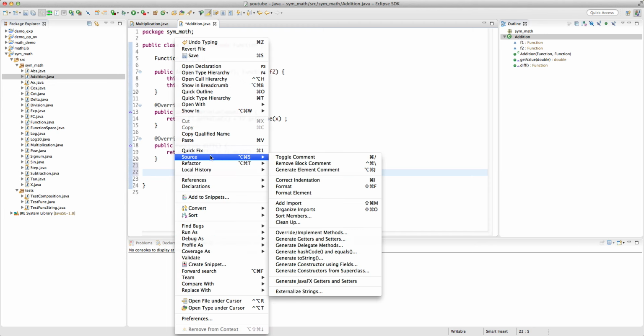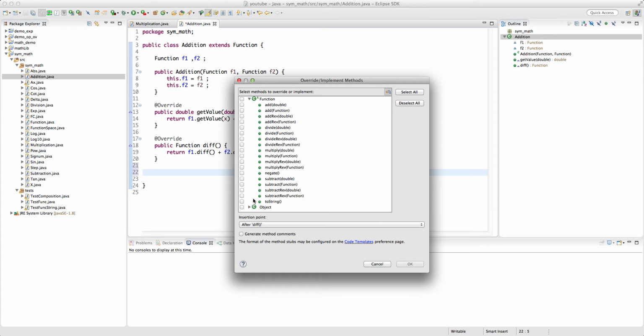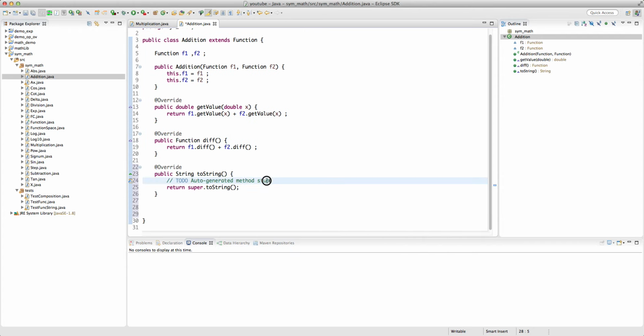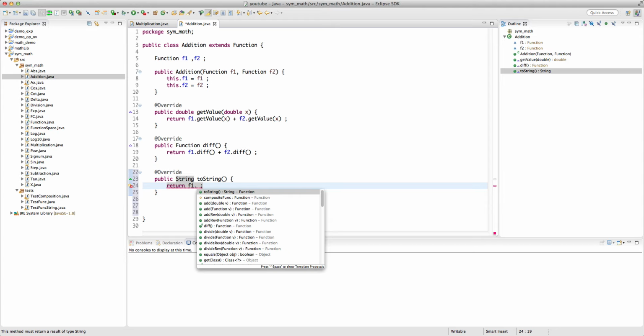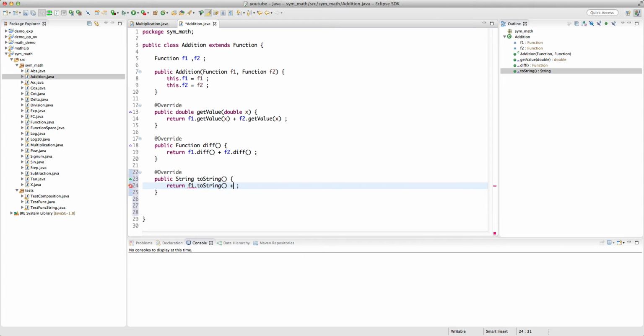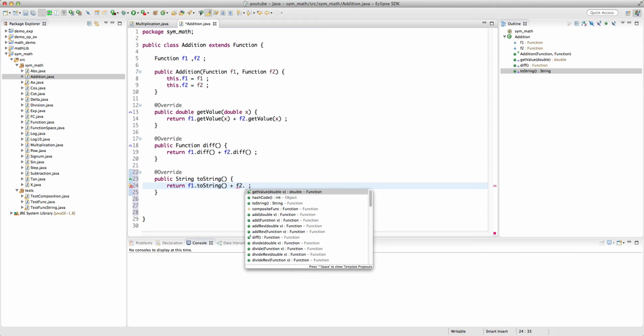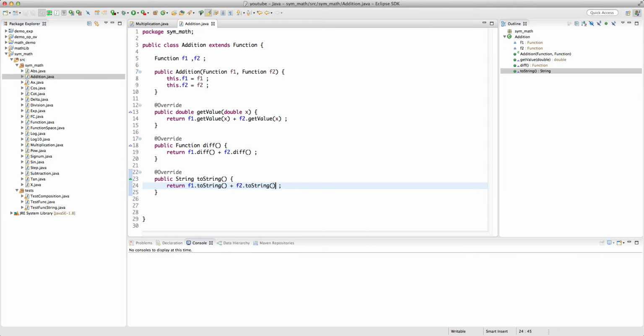To override the toString method, what we are going to do, in the simplest form, is call the toString method on f1 and f2. But then the question is, what if f1 and f2 are both constant?